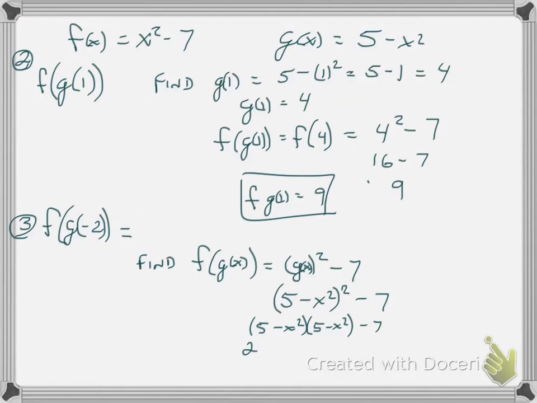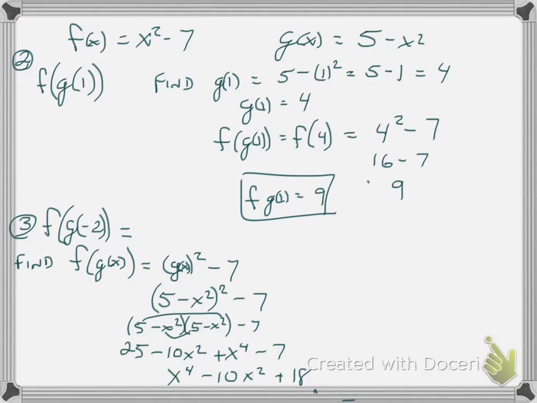So that becomes positive 25. This is going to be negative 5x squared becomes negative 10x squared, and negative times the negative becomes positive x to the fourth, minus 7. So I'm going to put it in standard form: x to the fourth minus 10x squared, and negative 7 and positive 25 combine to be positive 18.